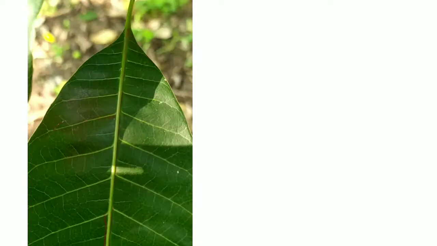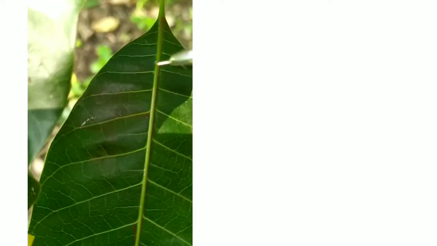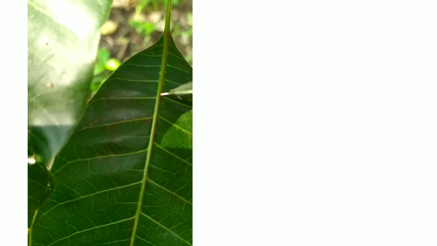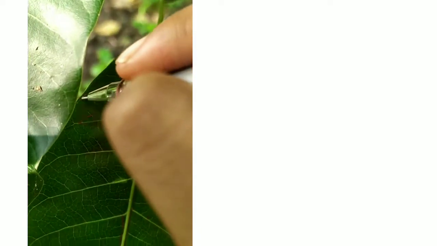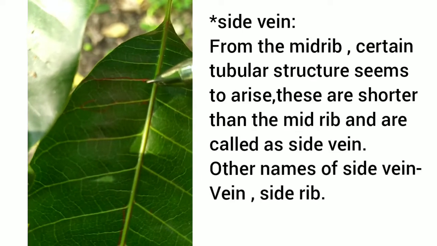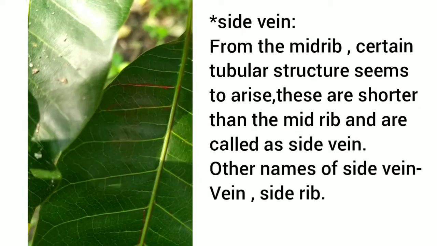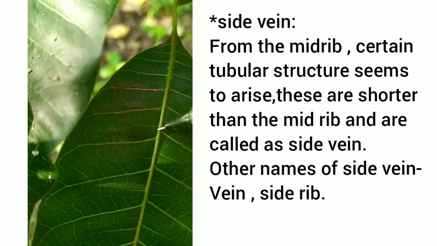If you look closely, from the midrib, that is this portion, again certain tubular structures are arising but they are of shorter length than the midrib. These are called side ribs, and this is called the midrib.